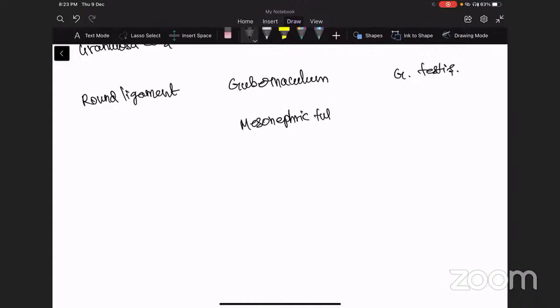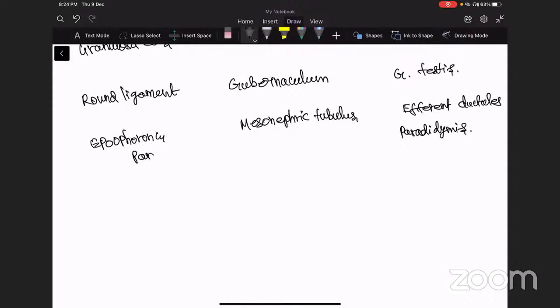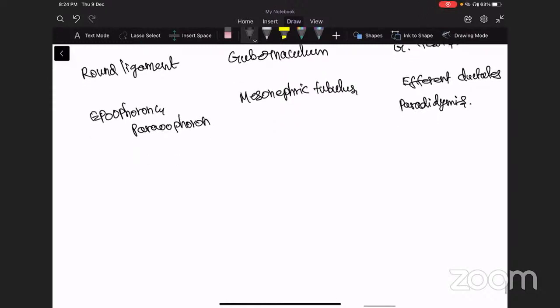Mesonephric tubules give rise to efferent ductules and paradidymis of testis. For female, oophoron, a vestigial part.